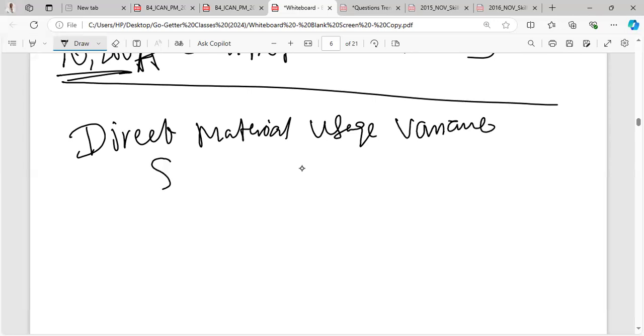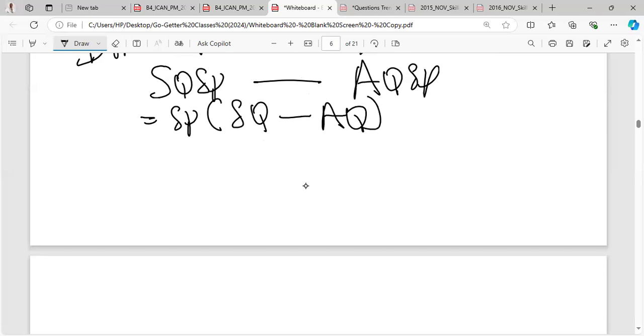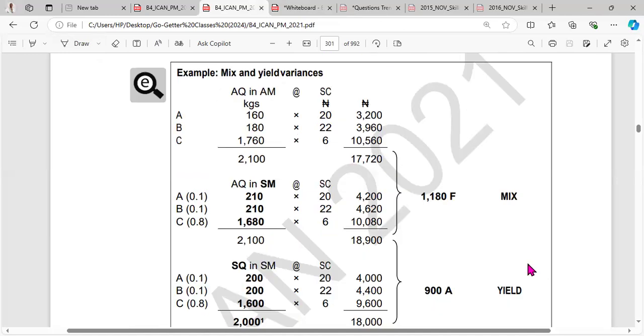The formula is standard quantity, standard price minus actual quantity, standard price, which is the same thing as saying standard price, standard quantity minus actual quantity. Now, let's see here, yield, then mix, mix and yield. I would like to take the yield first, then I'll take the mix second.